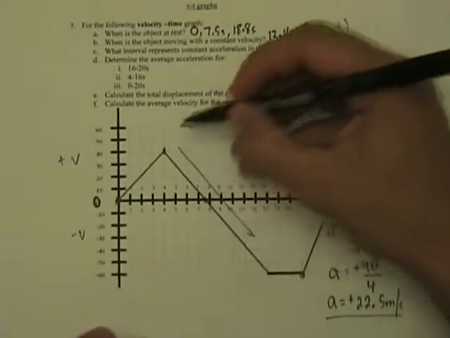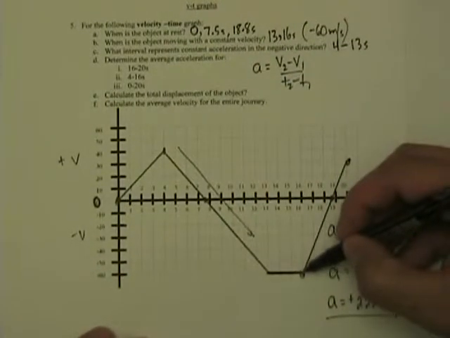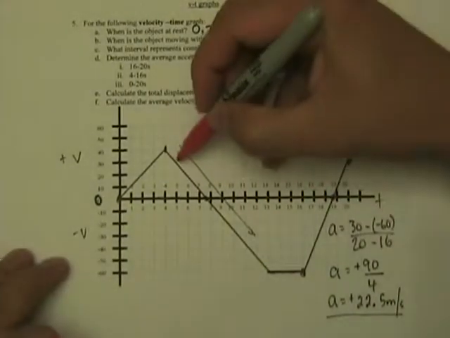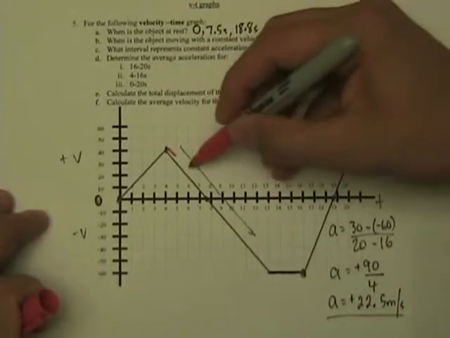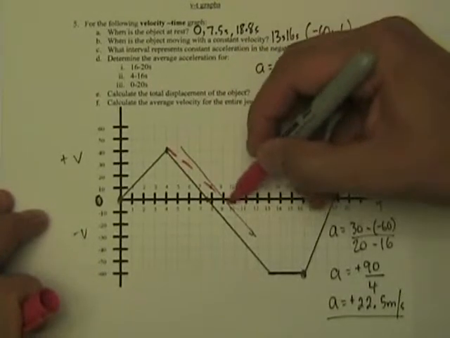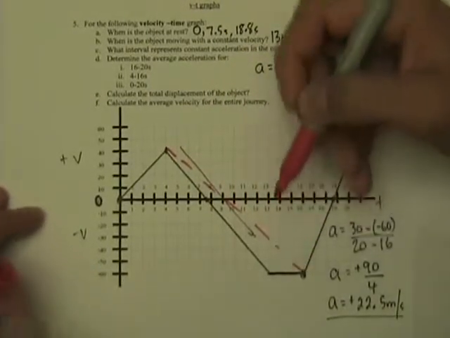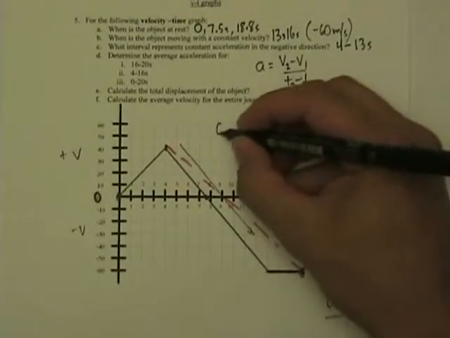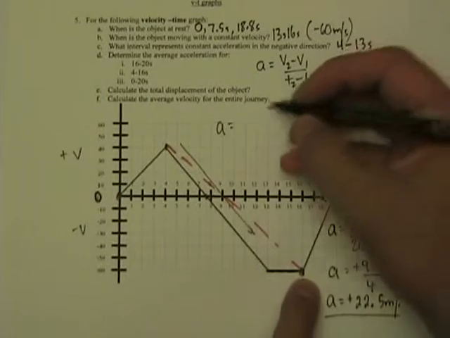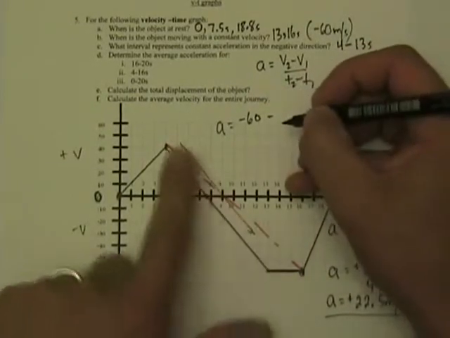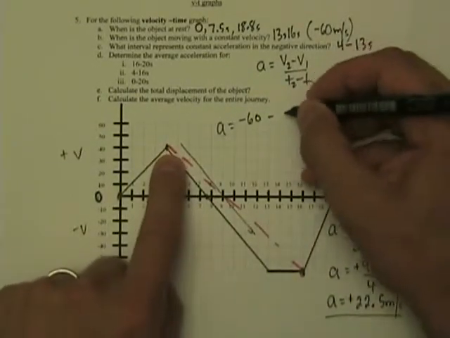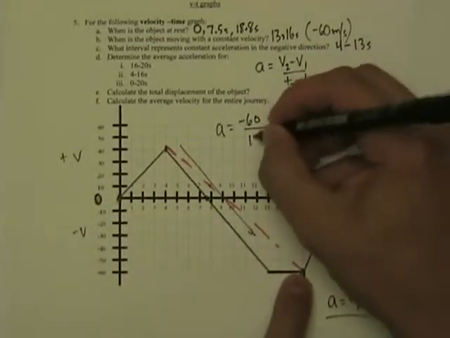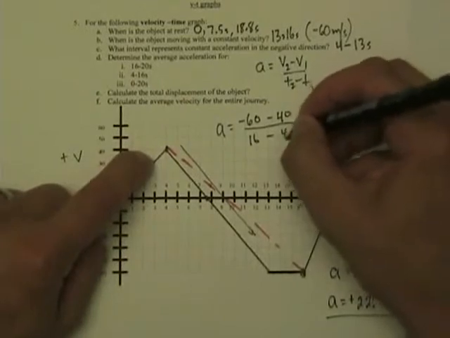Next one is 4 to 16. That's a little bit different. You're going to want to find the average acceleration for that line between there and there. So you got to create your own line. It's still v2 minus v1. v2 is minus 60. v1 is 40. t2 is 16. t1 is 4.